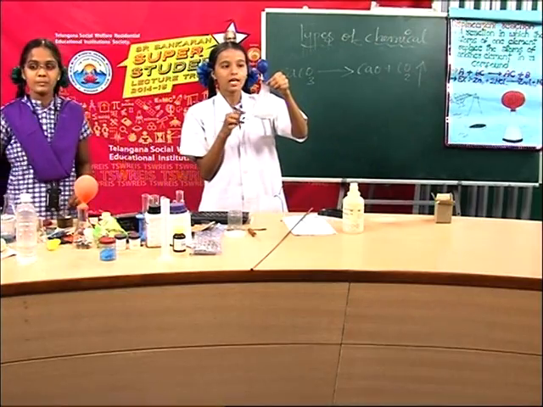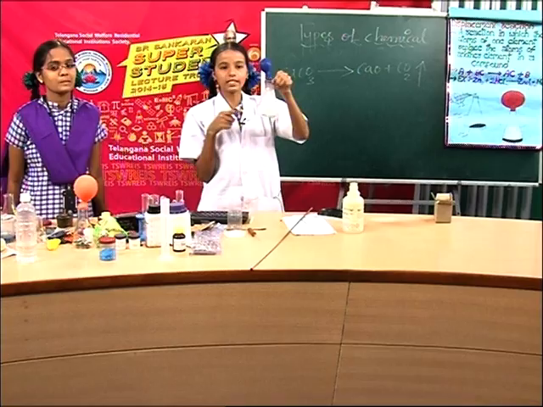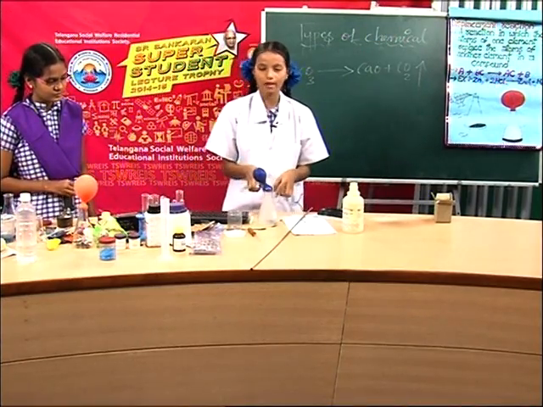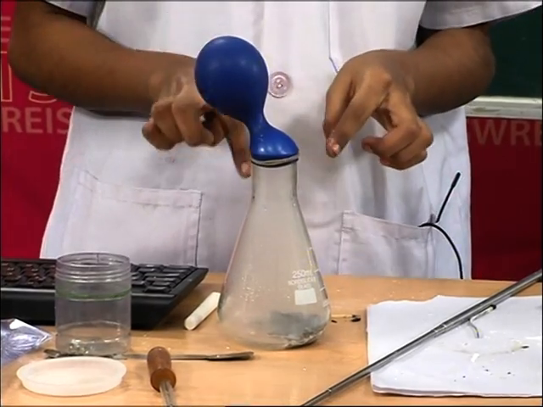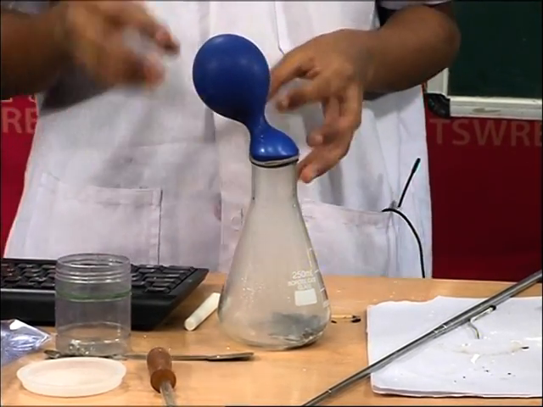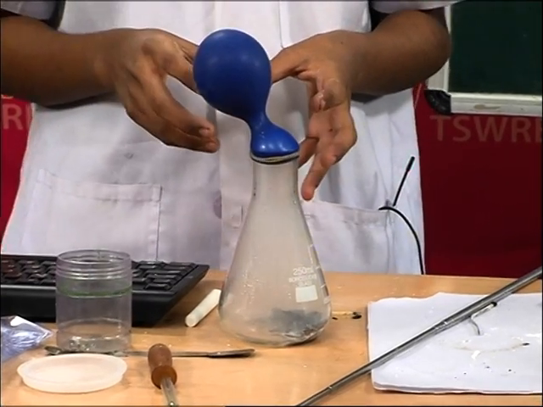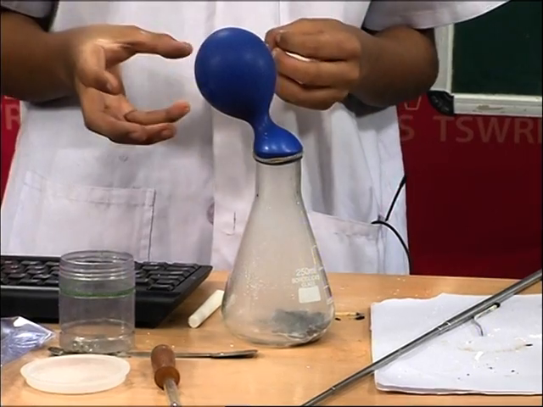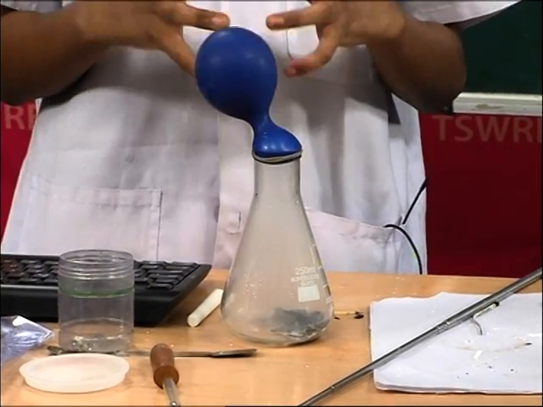See Tswreis, first I have taken a conical flask. In this conical flask, I have taken zinc dust and I have added hydrochloric acid slowly. So the zinc dust will react with hydrochloric acid and form zinc chloride plus hydrogen gas. When the hydrogen gas was evolving, the balloon will start bulging.